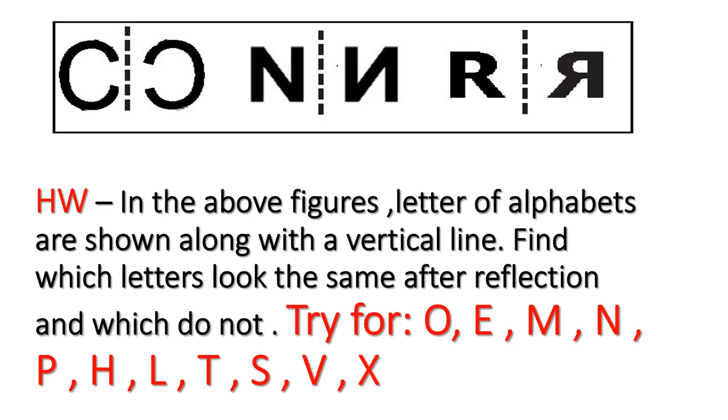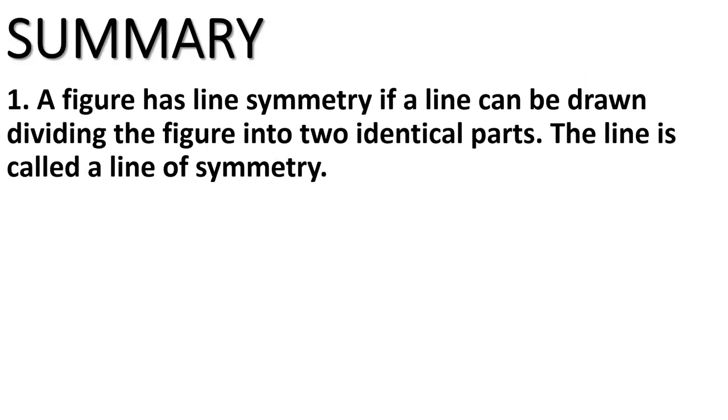Now let's move to the summary of the chapter. Whatever we have learned from the very first chapter, first lecture. First is, a figure has a line of symmetry if a line can be drawn dividing the figure into two identical parts. Identical means same in shape and size.